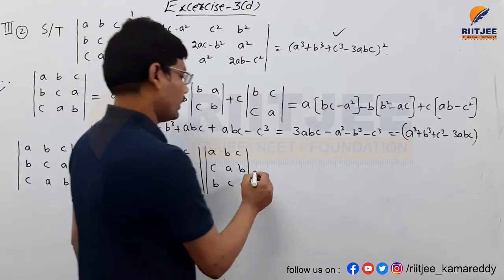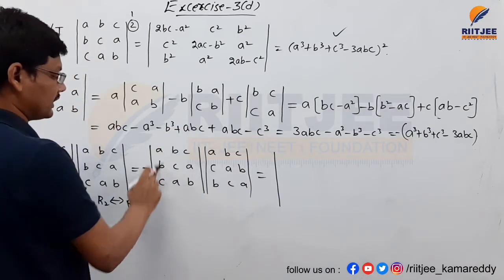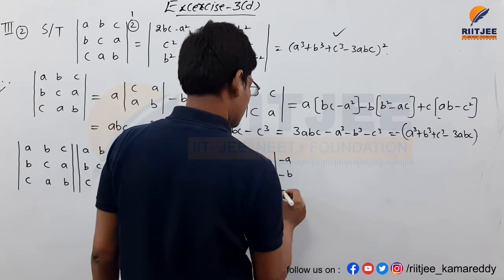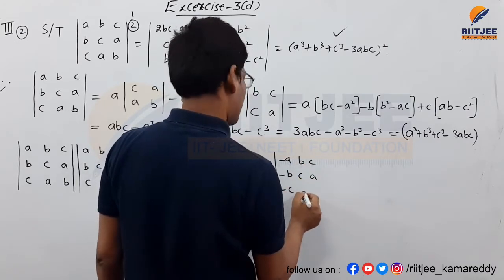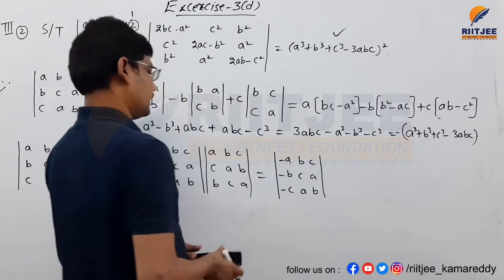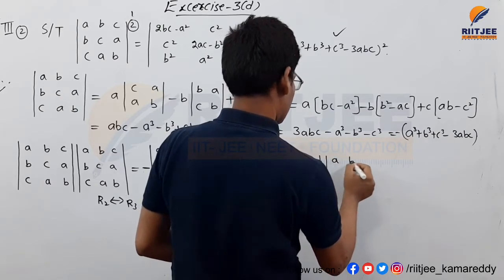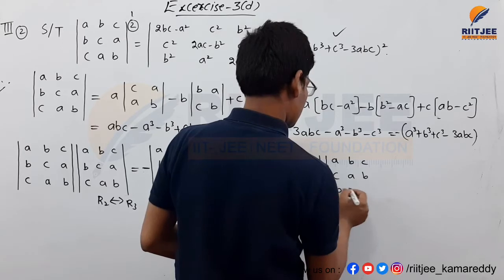Multiplying the negative symbol to C1, we get minus A, minus B, minus C; B C C; A B. This is the first determinant, and the second determinant will become A B C, C A B, B C A.